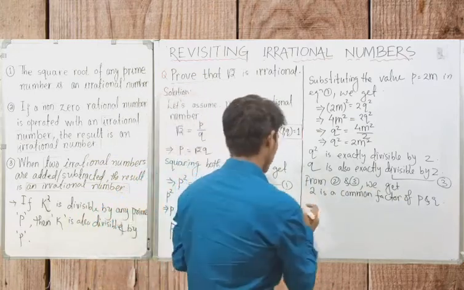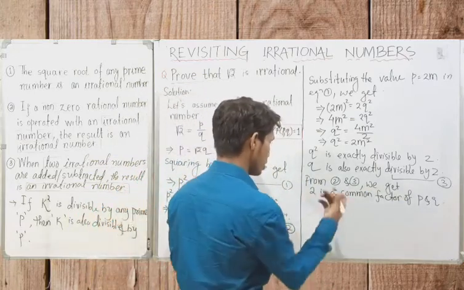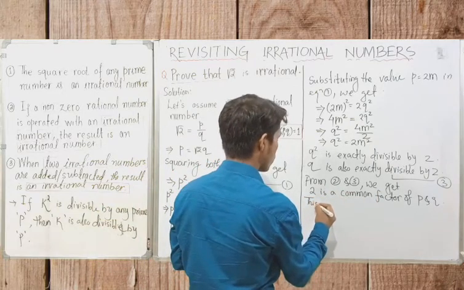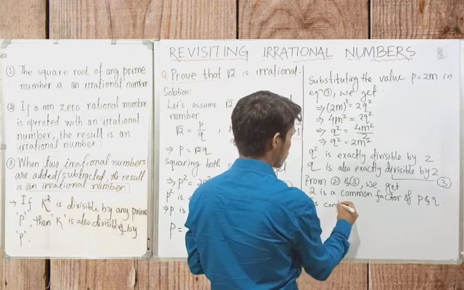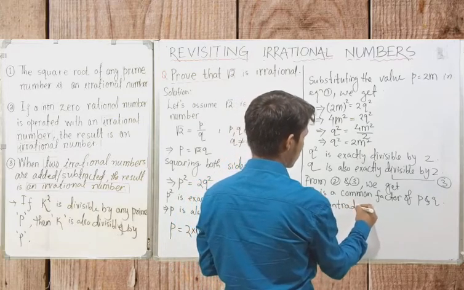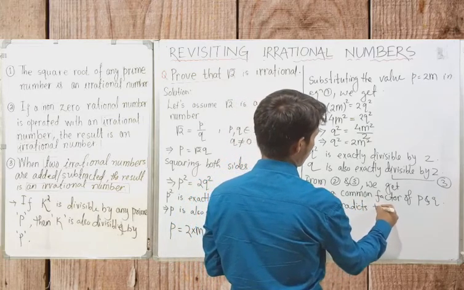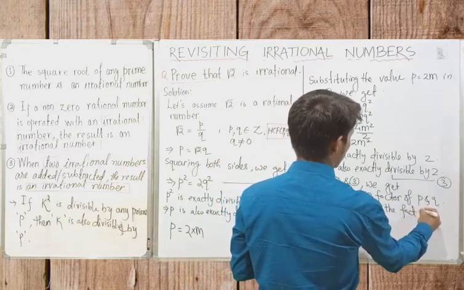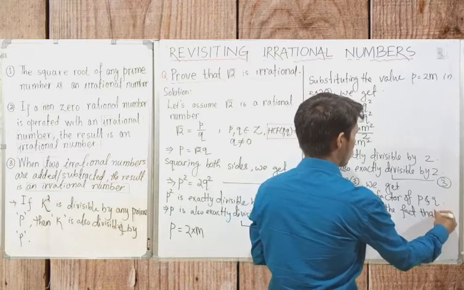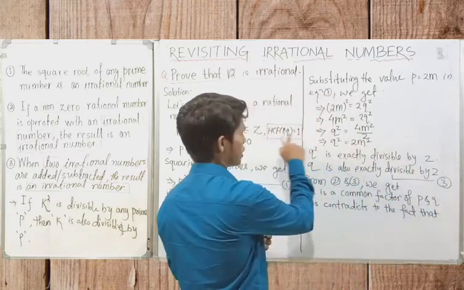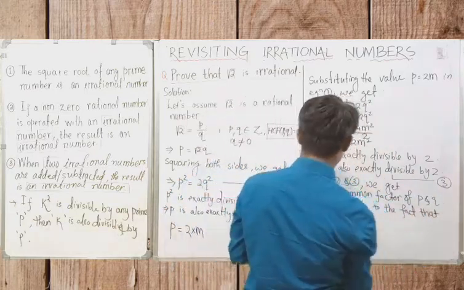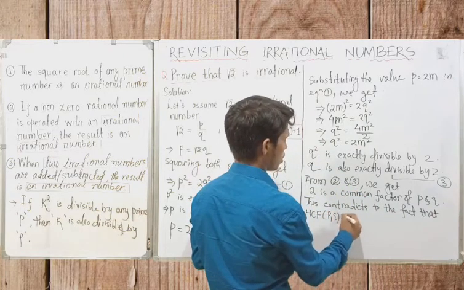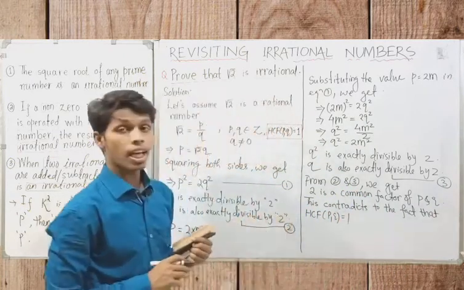So we can write that this statement we got now contradicts the fact that HCF of p and q is 1. So why did this contradiction arise?